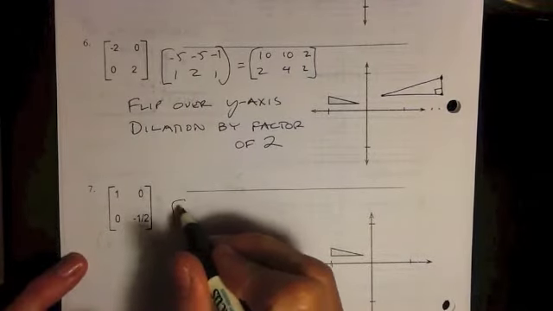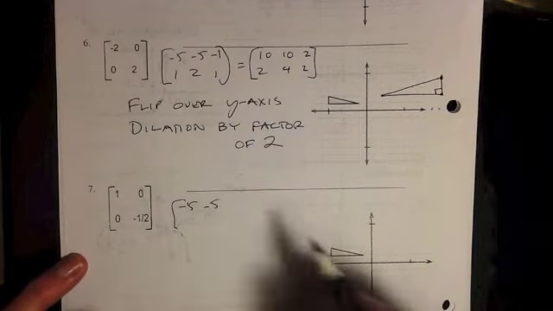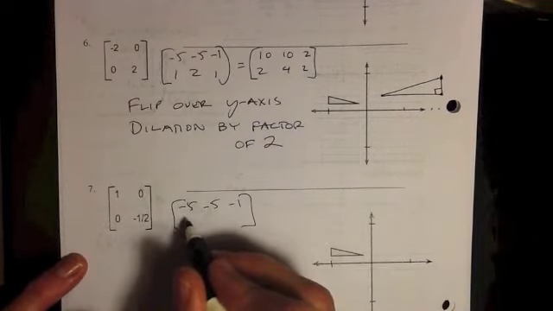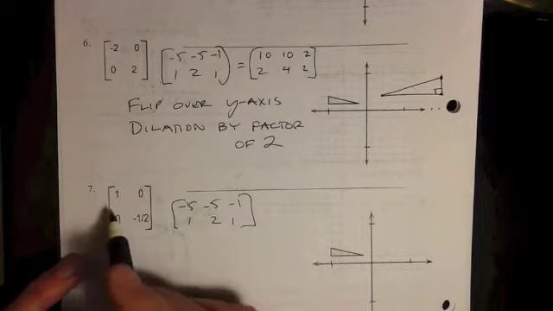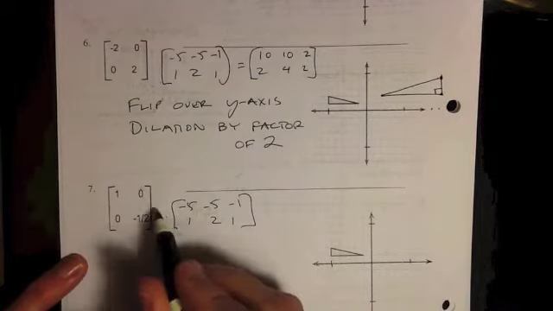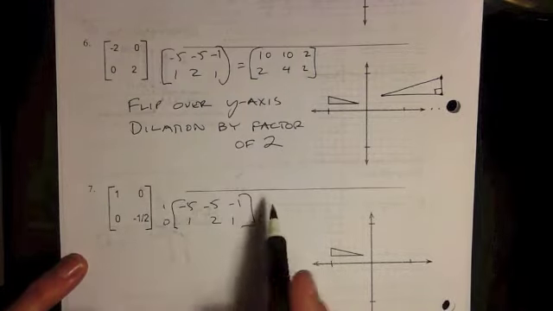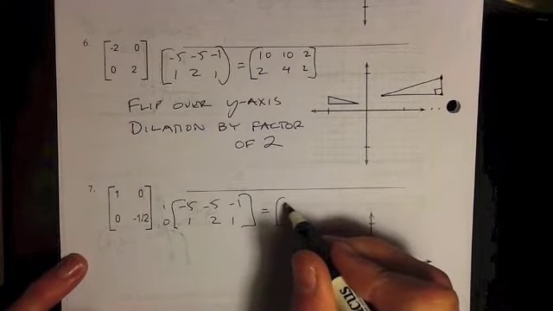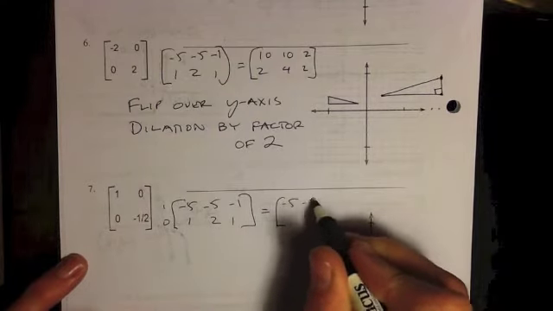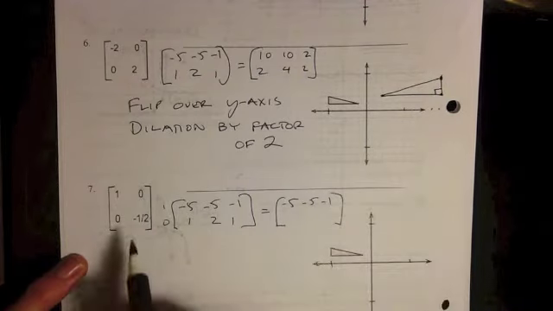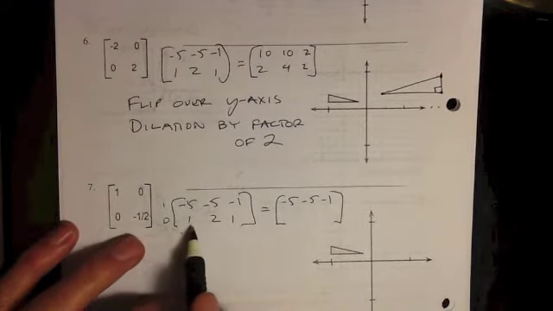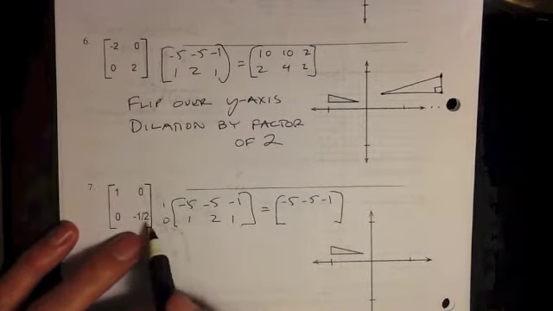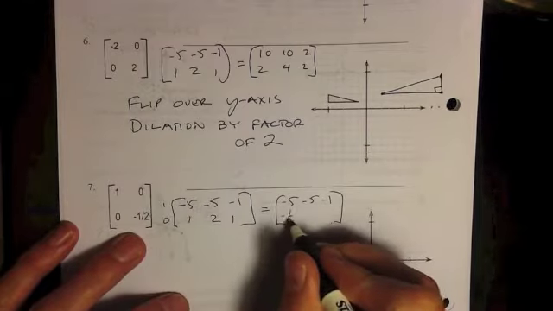Again, same thing, -5, -5, -1, and 1, 2, 1. When I flip this and multiply that 1 and 0, it just copies the entire top row, does not change it. -5, -5, -1. This bottom takes these numbers and multiplies them by negative 1/2, so it's going to flip the sign, negative 1/2.